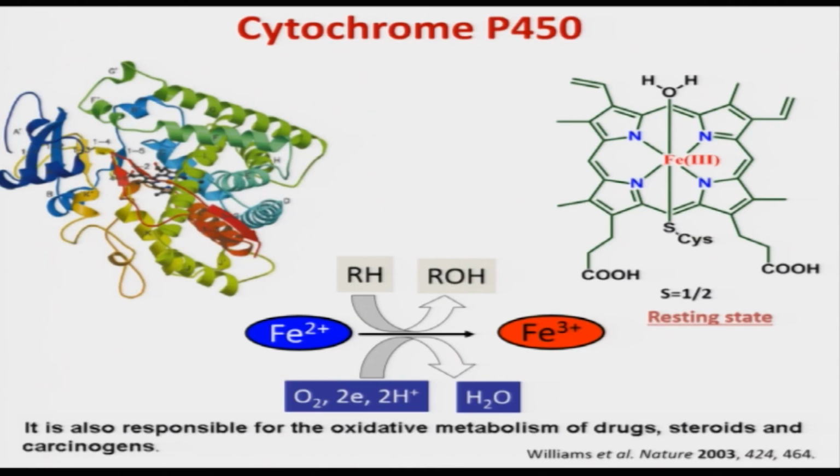What is happening is that RH is converted to water soluble ROH, in the presence of oxygen and electrons, which eventually convert to water. We will discuss this in detail in subsequent lectures. However, the iron which is present in the active site plays the key role during these transformations.